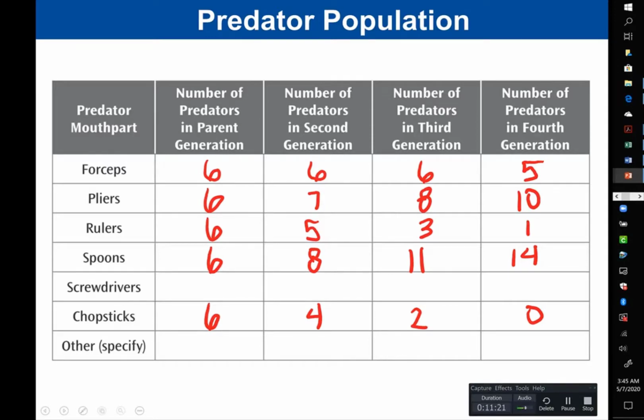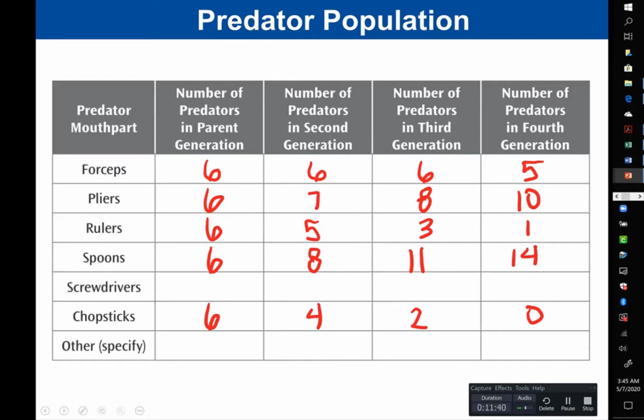You're going to have your population size, right? And you're going to have your population size and by generation, meaning we're going to look at how the number of predators changed over generations.